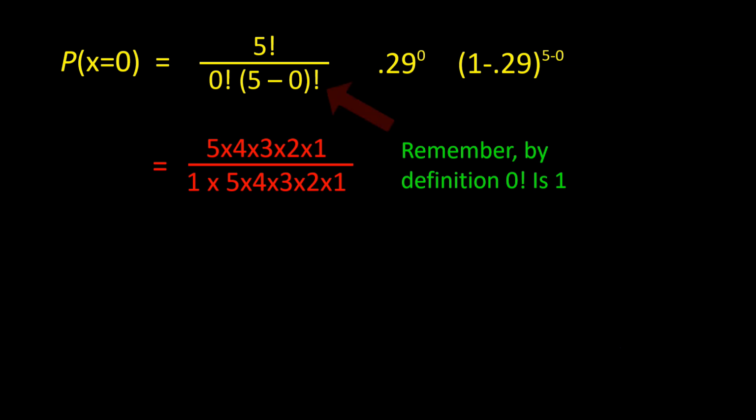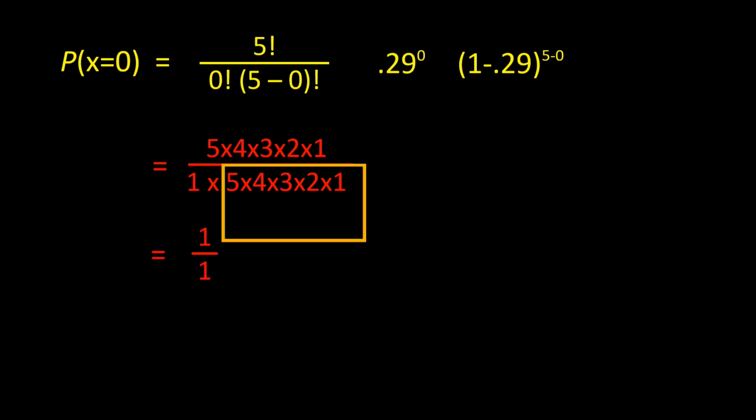And then we have n minus x factorial, or 5 minus 0, which is 5 factorial. So we have again 5 times 4 times 3 times 2 times 1. So in the numerator we have 5 times 4 times 3 times 2 times 1, and then in the denominator we have 5 times 4 times 3 times 2 times 1. So all of those cancel each other out, and we get 1 over 1, which of course is 1.